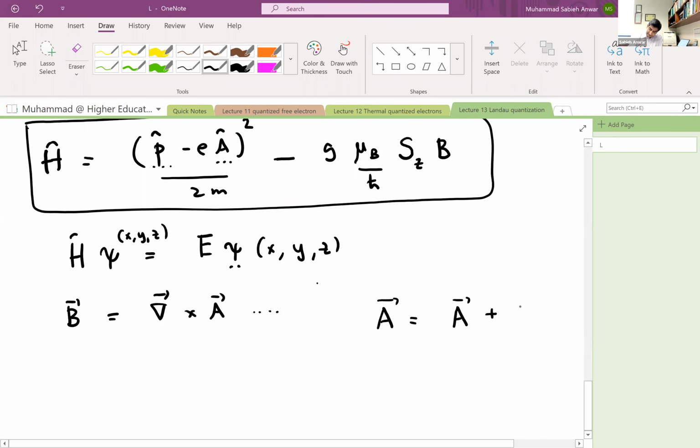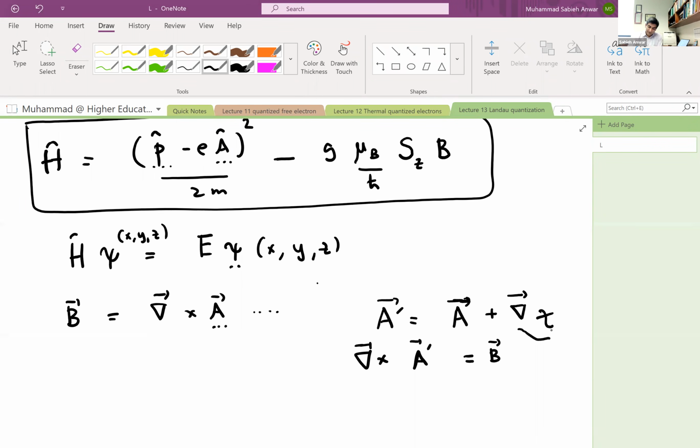I can add the gradient of some scalar potential, and still if I were to take the curl of this new A prime, I would still get the same value of B. So there is some choice that we can make in choosing our A. We can add the gradient of any scalar field to A and still get the same magnetic field. So this choice that we can make is called the choice of the gauge.